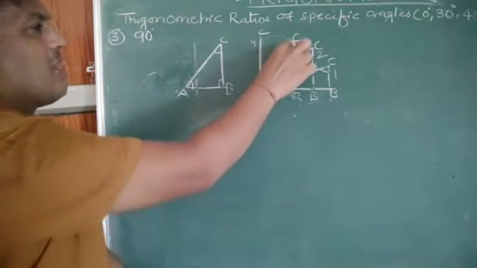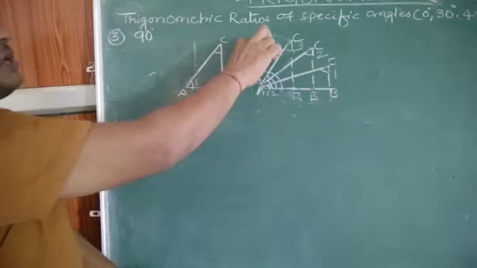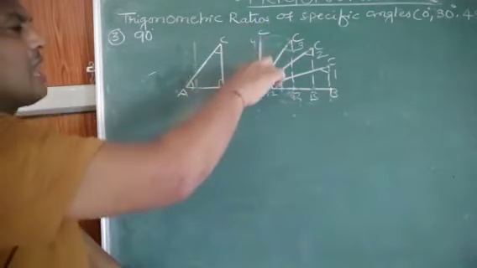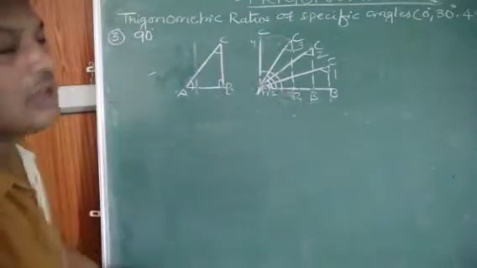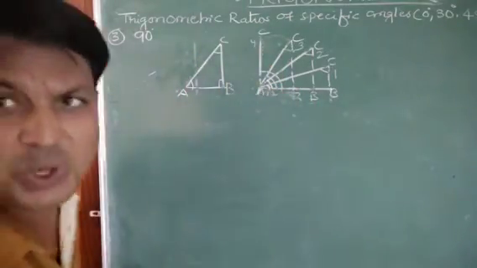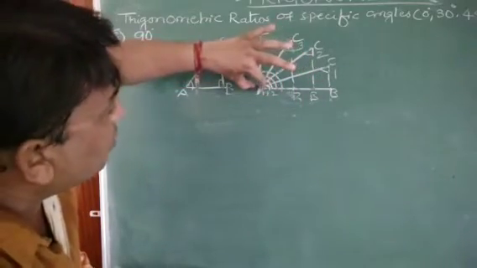And when angle C reaches closer to, this C reaches here, that is, makes angle A almost 90, what happens? The distance between A and B becomes 0 because A and B will exactly coincide.